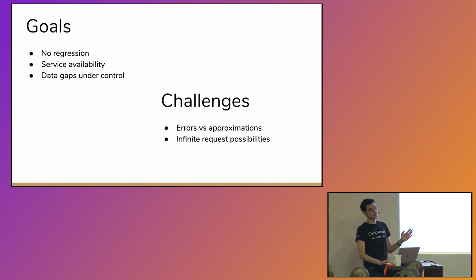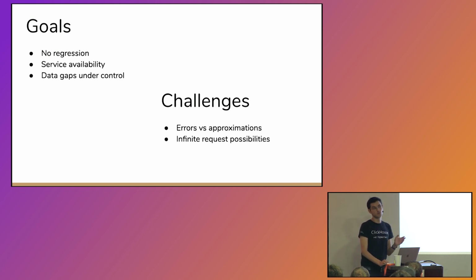So we had to, of course, avoid any regressions while we were changing the architecture, and maintain the service available because we didn't really want our clients to experience a maintenance window, and we wanted to keep the inevitable data gaps, if you want, between the two solutions under control.